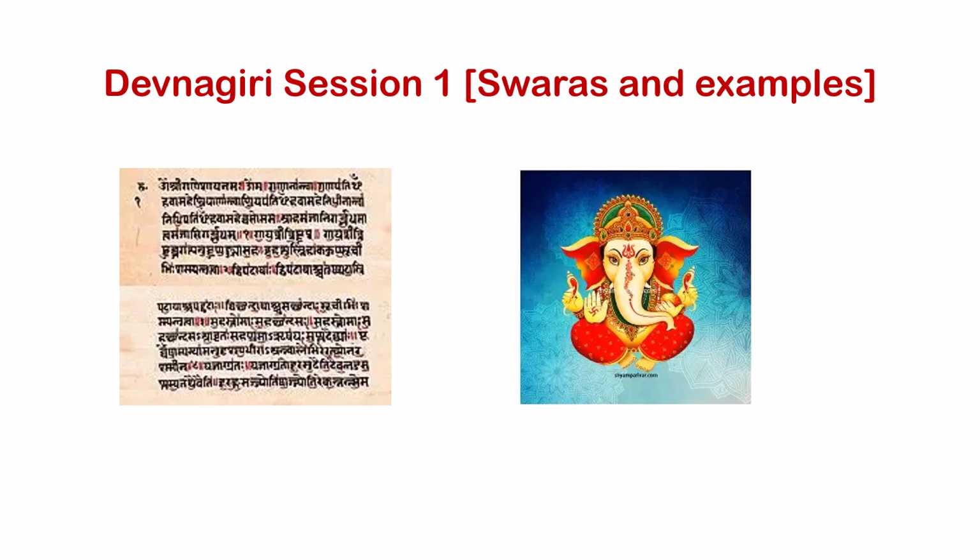So just as we have A, one sound in English, the letter A, or you say B. In Sanskrit also, we cannot say that A is equal to this, B is equal to this. Sound might be similar, but we cannot go in that order.